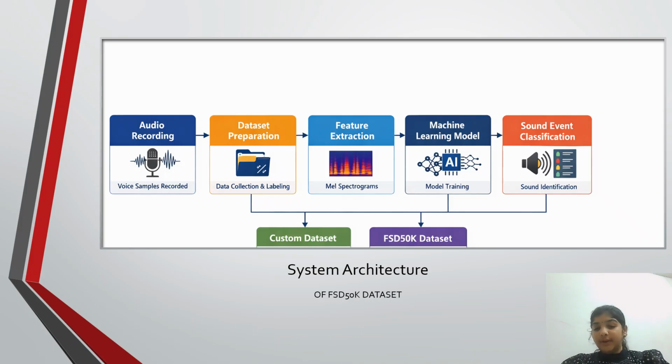After that, we perform feature extraction where the raw audio signals are converted into useful representations that machine learning models can process. These features are then used to train a machine learning model for sound classification. Finally, the trained model identifies the sound event present in the audio recordings. The performance of this model will then be evaluated and compared with the results from the FSD50K dataset.